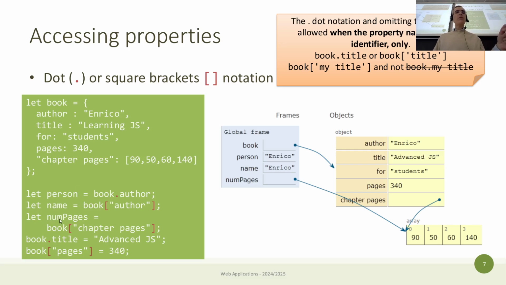So you end up with num pages being a variable which has the same reference as chapter pages. Indeed, the arrow points to the same array. If I change something in this array, it will be reflected, so it can be read both from chapter pages and from num pages.